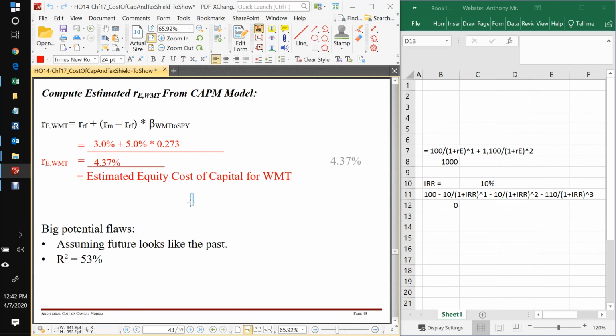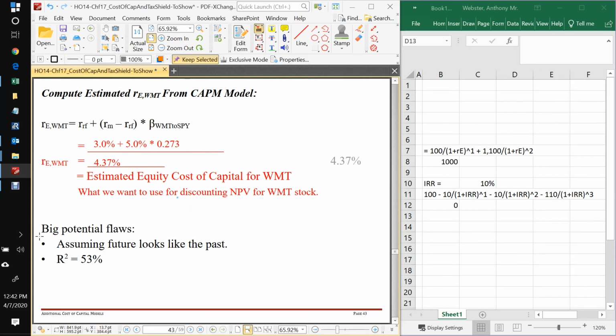So what is that? That's the estimated equity cost of capital for Walmart, and it's what we want to use for discounting with our NPV method for Walmart stock.